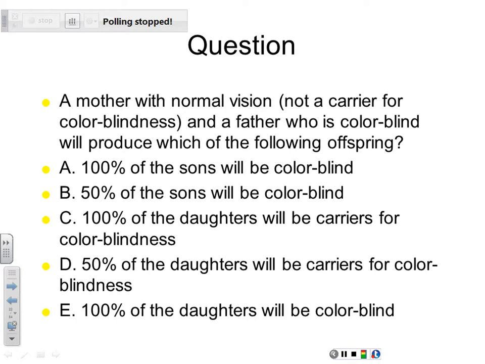Okay, so we got a mom here. She's not a carrier, she's not colorblind. So we're going to say mom X and then X, and we're going to put a big C there for normal. We'll leave it like that.